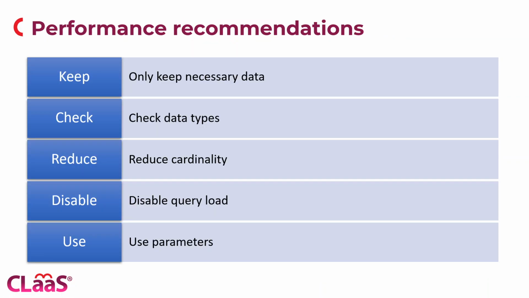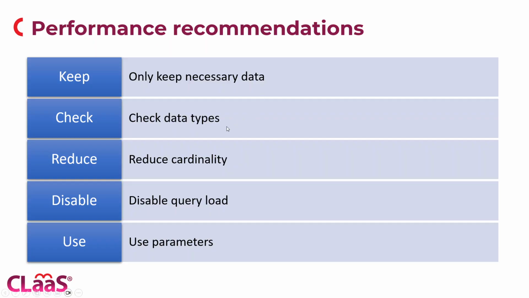When you perform Power Query to transform the data, you must consider some important recommendations. Keep only necessary data. Data that you don't need, you don't need to load, you don't need to transform. And then check the data type. Sometimes you didn't import or transform correctly. Numbers have to be converted to number, character or string, and then date.